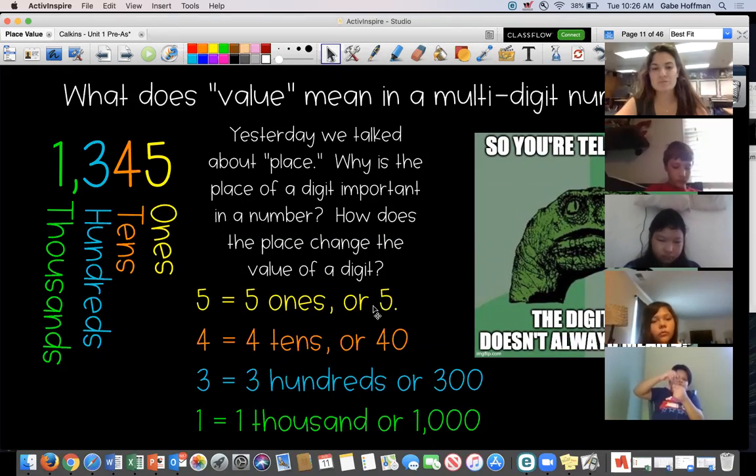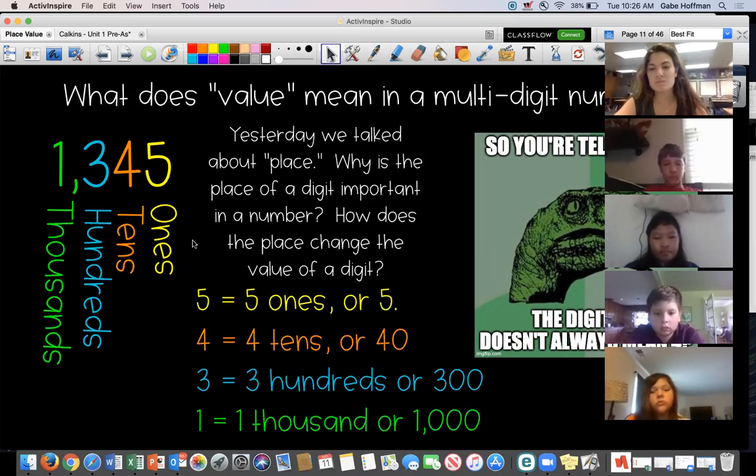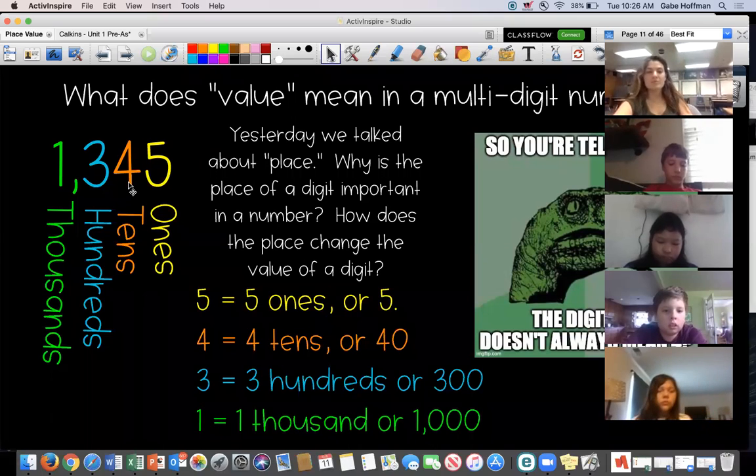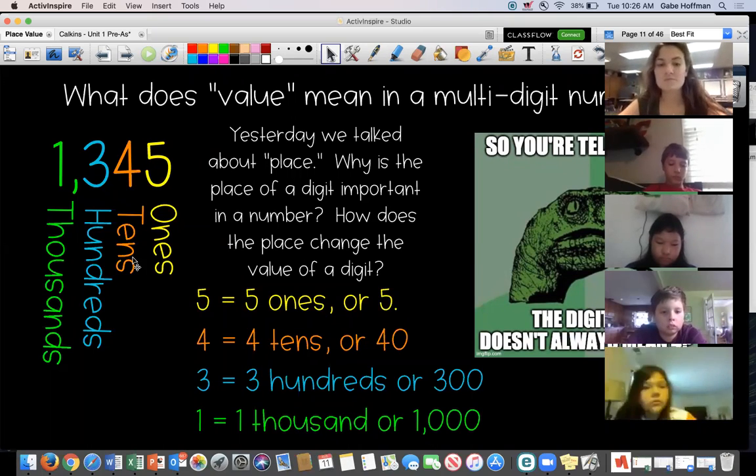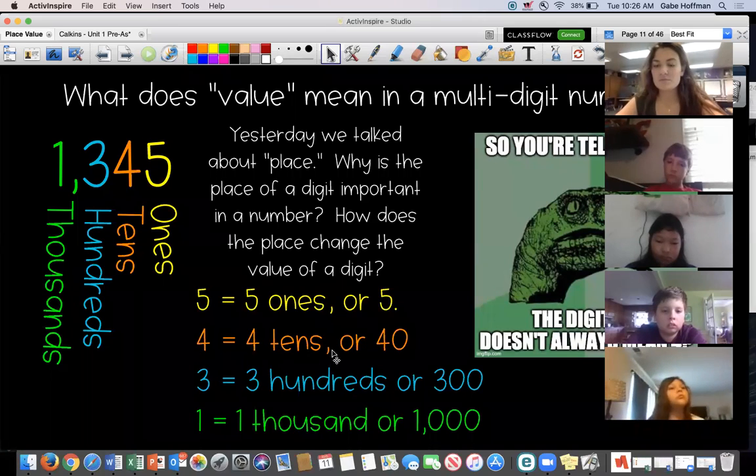What number is in the tens place, Eric? 4. 4, right? So if the 4 is in the tens place, the value of that 4 changes because it's not in the ones place, right? There's a difference between having 4 ones and 4 tens. So 4 tens means that there's 40, right?